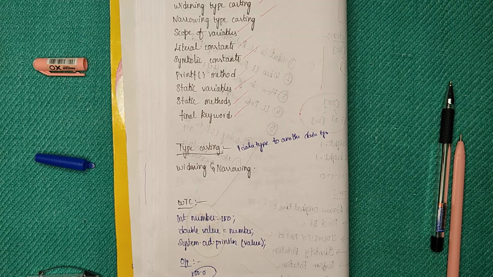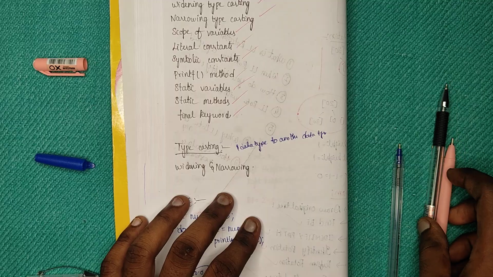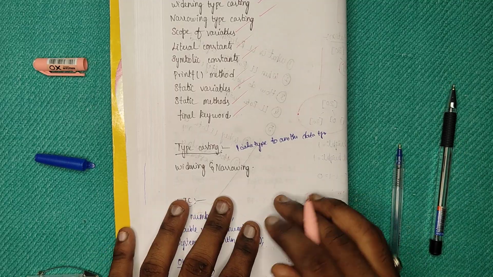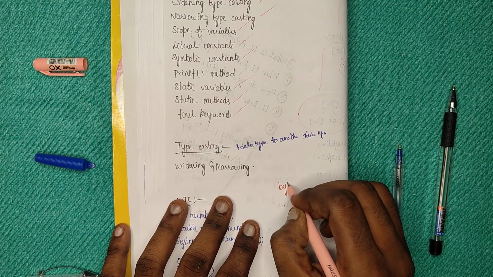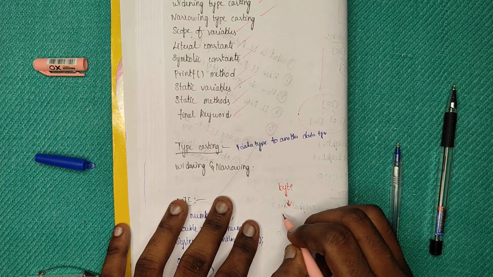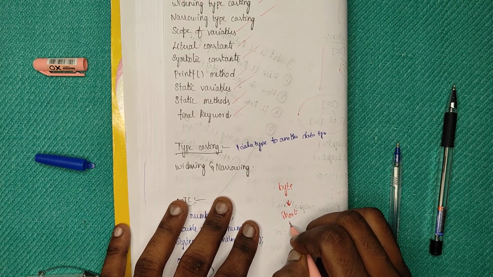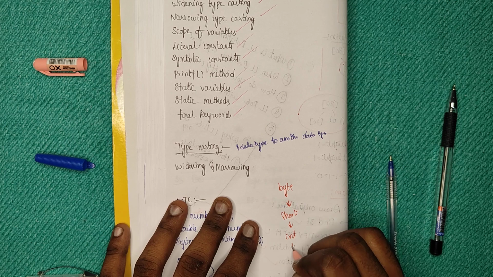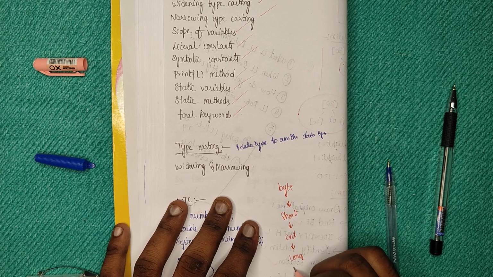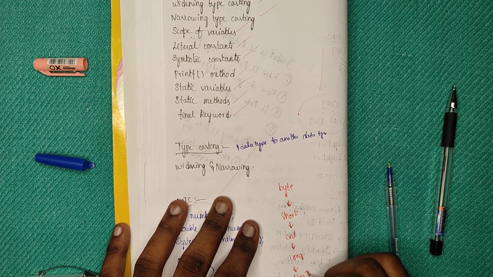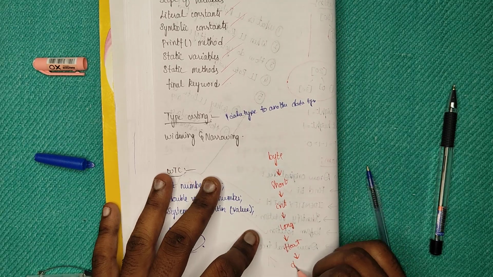You have to remember an order which I am going to write now along with you. That is byte, short, int, long, float, double.